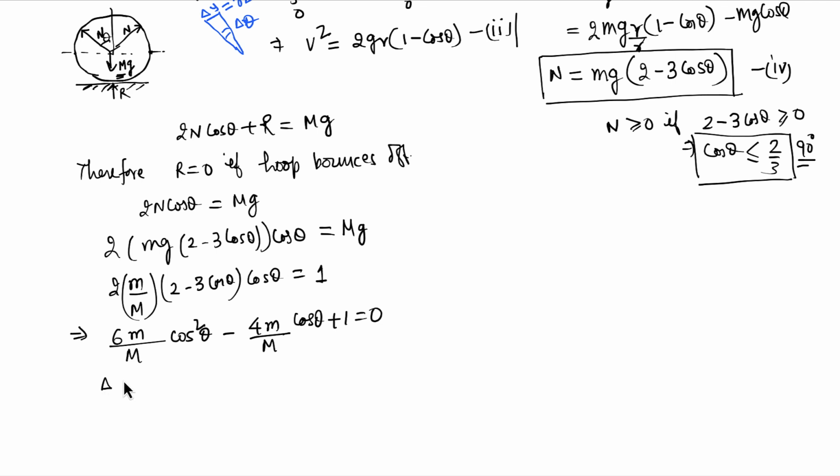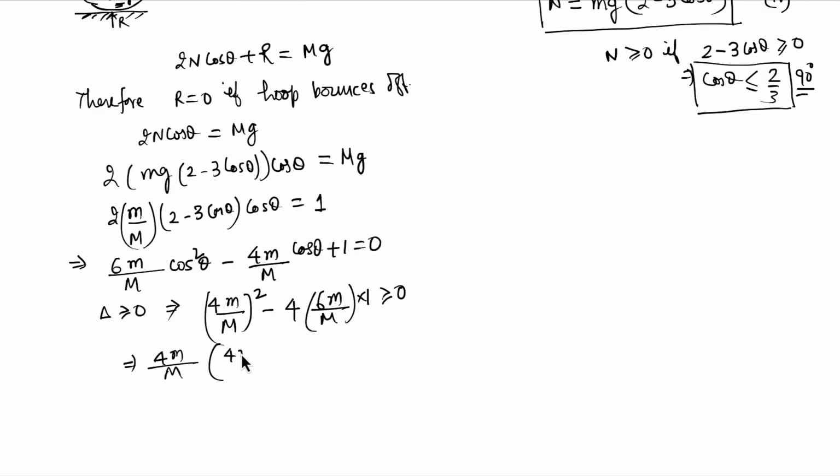So the determinant here should be real, and therefore (4 m/M) whole square minus 6 m/M should be greater than 0, that gives me 4 m/M minus 6 greater than 0, and therefore m/M should be greater than 3 by 2. So this is the condition, the answer.